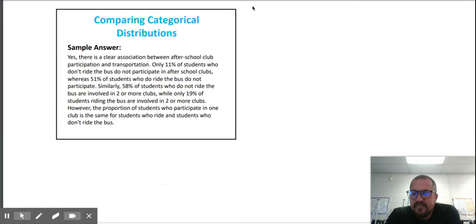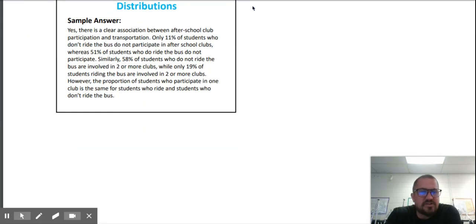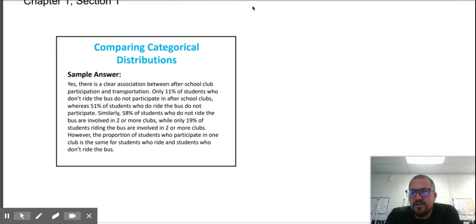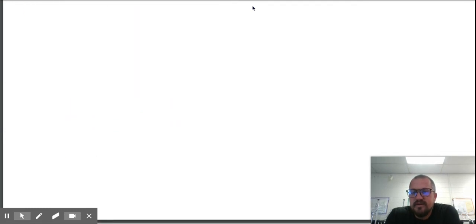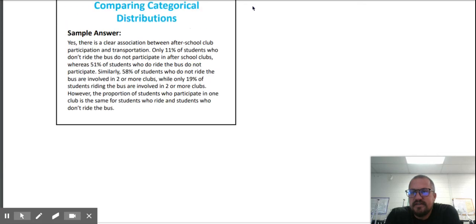So here is a sample answer for comparing the distributions: yes, there is a clear association between after-school club participation and transportation.